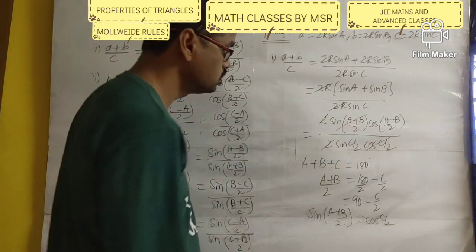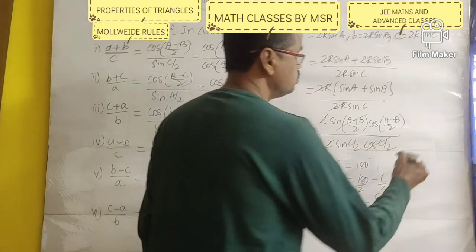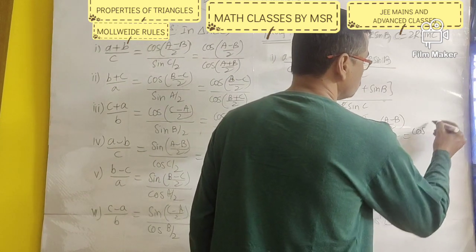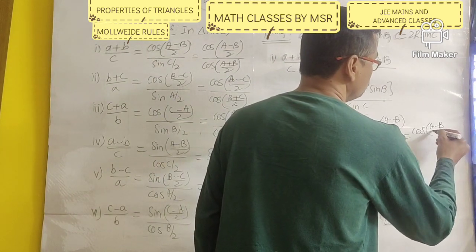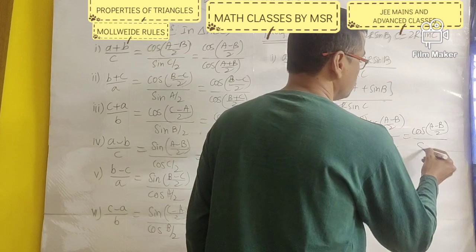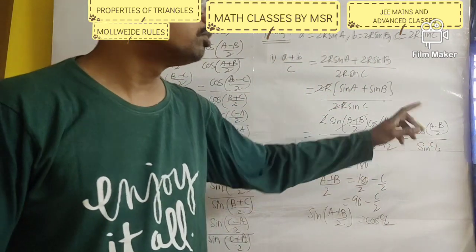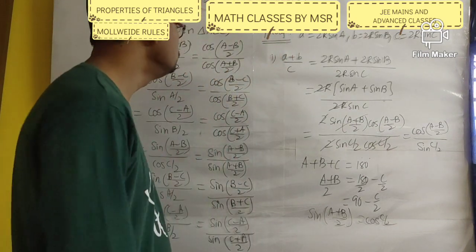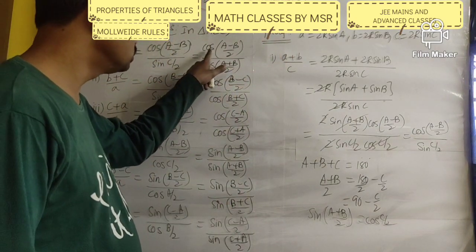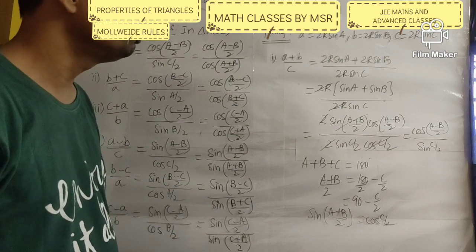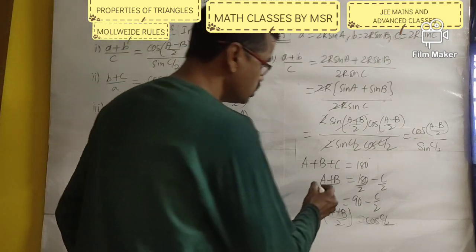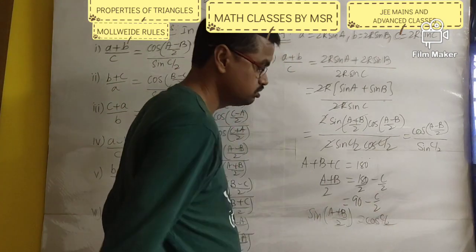Now what is the result we got? Cos of (a minus b) by 2 by sin c by 2. Now how will we get this equal to cos of (a minus b) by 2 by cos of (a plus b) by 2? Simple. Here we got (a plus b) by 2 is equal to 90 minus c by 2.